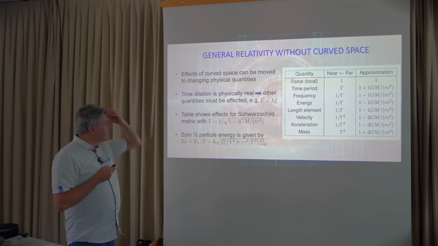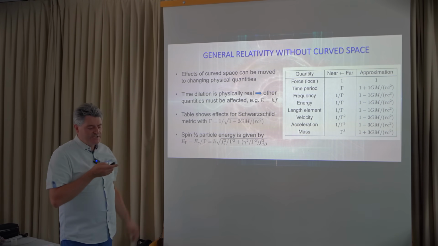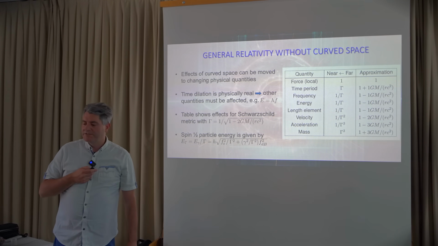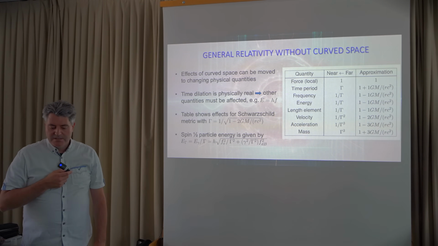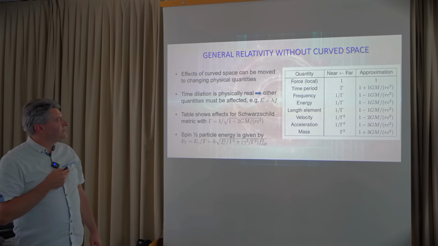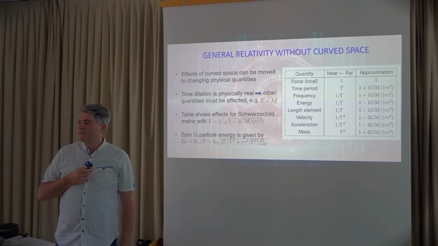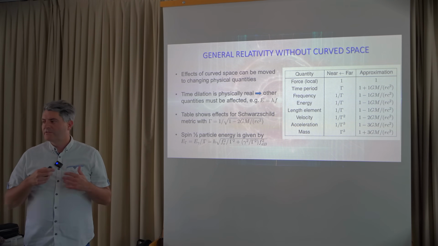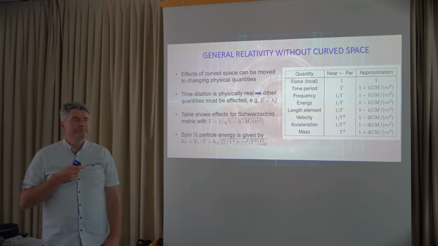Okay, then we'll switch over to general relativity. The effects that general relativity is predicting can also be achieved in flat space when you move the effects of curved space into the various physical quantities.